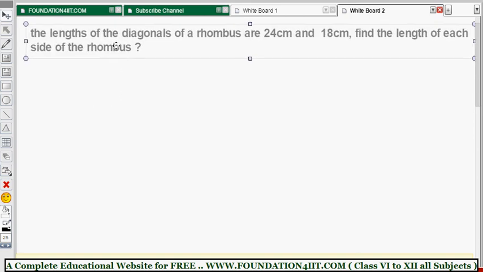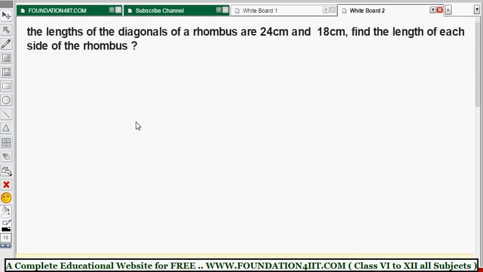Okay, so this is the given question. It's very simple. The lengths of the diagonals of the rhombus are given, that is 24 and 18. We need to find the length of each side of the rhombus. If we observe the rhombus properties, every side is equal. So this is the rhombus.